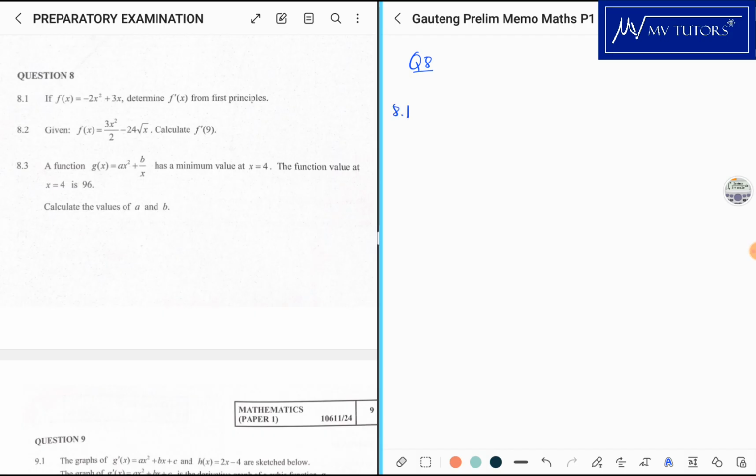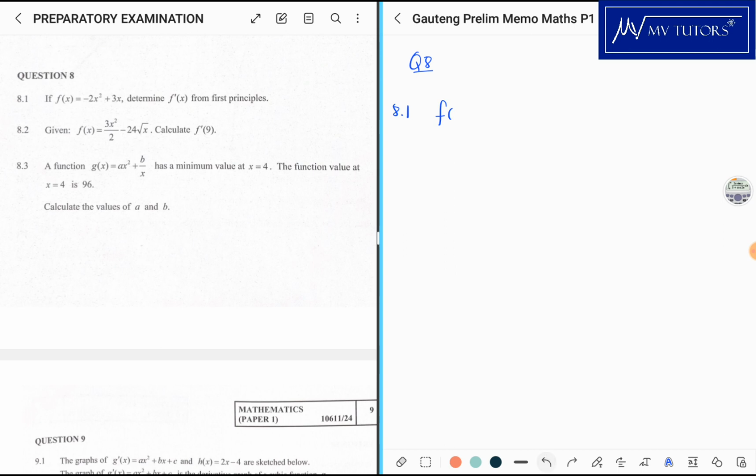So 8.1. This one is from first principles. If f of x is equal to negative 2x squared plus 3x, determine f prime of x from first principles.